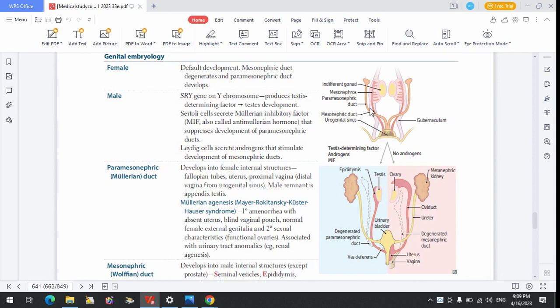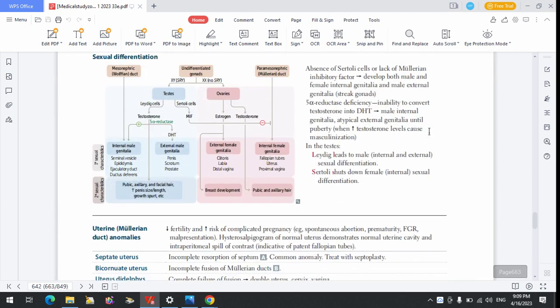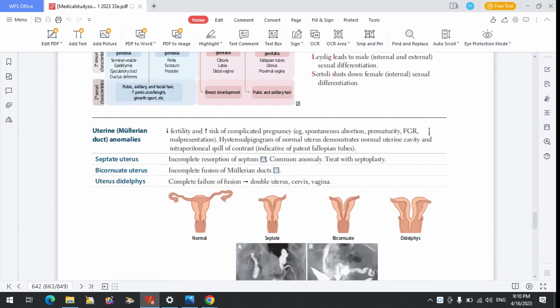They remain as a fallopian tube like that. Now it is this distal area that the fusion starts from. If the fusion does not occur here, that's where you have your bicornuate uterus coming from. So there's failure of fusion of the proximal portion, but the distal portion actually fuses.